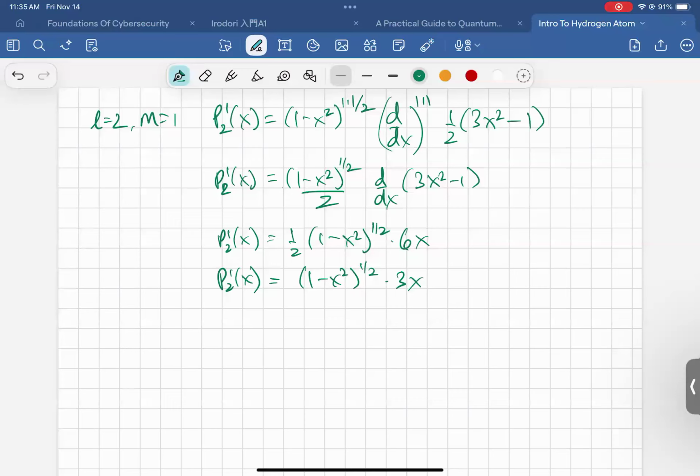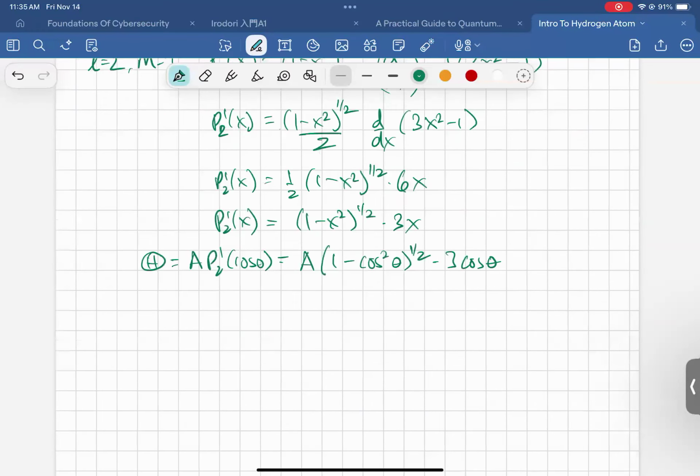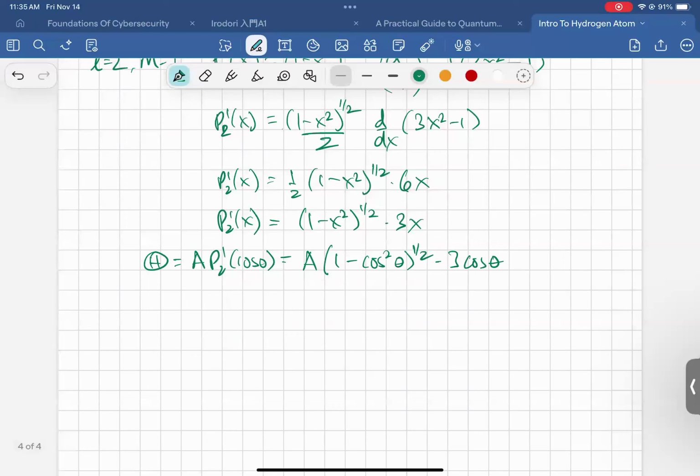Now we replace, yung solution nito is A P21 of cosine theta. So this will become A times 1 minus cosine squared theta raised to the 1 half, times 3 cosine theta. Ano ba ang 1 minus cosine squared theta?